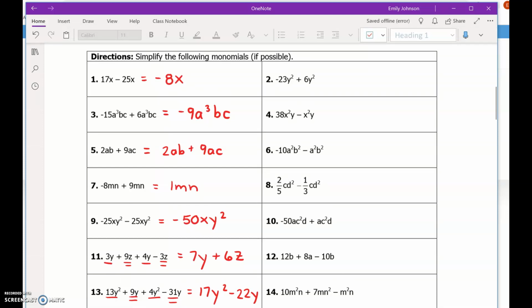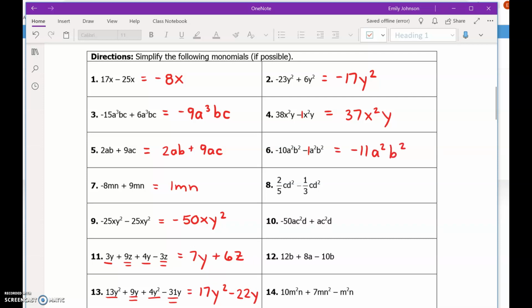Okay, so in number 2, you should have negative 17y squared. Number 4, remember there's a 1 in front of this, so 38 minus 1 would be 37x squared y. Again, there's a 1 in front of this second term, so you would have negative 11a squared b squared.